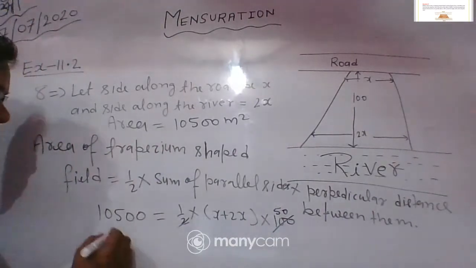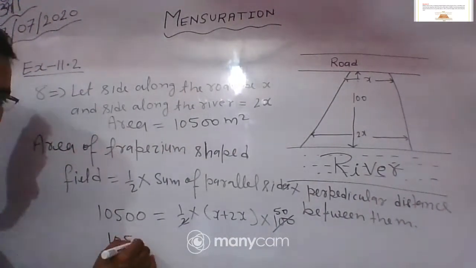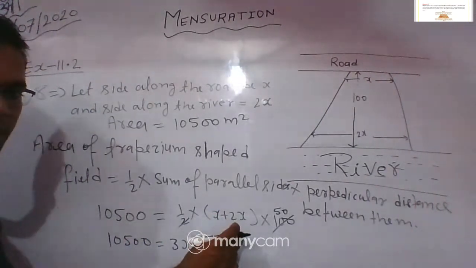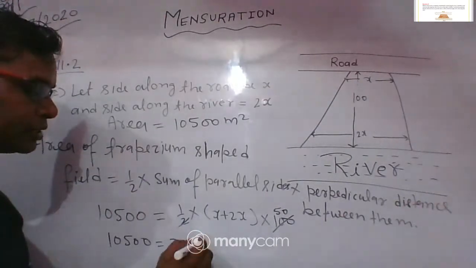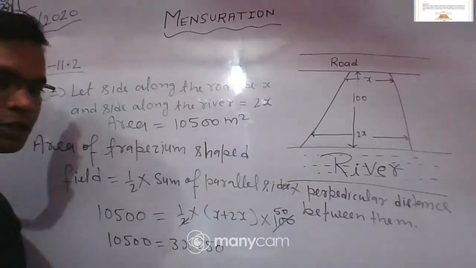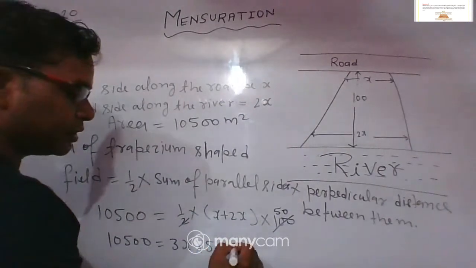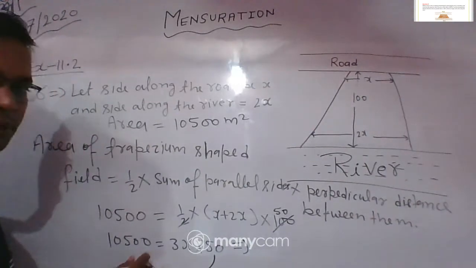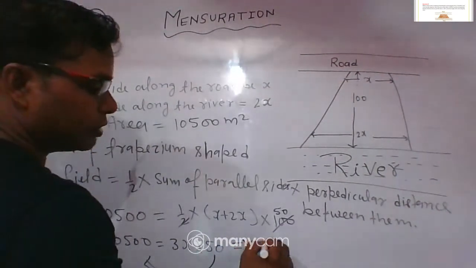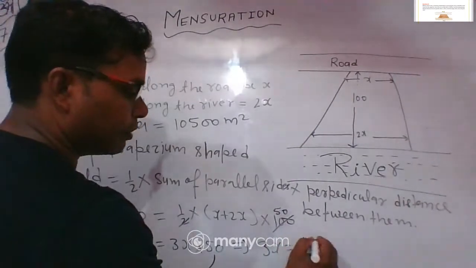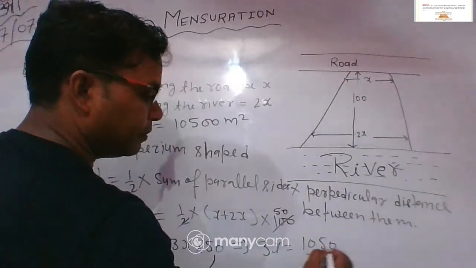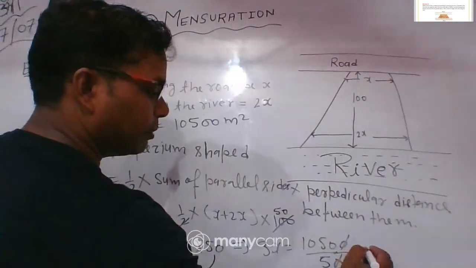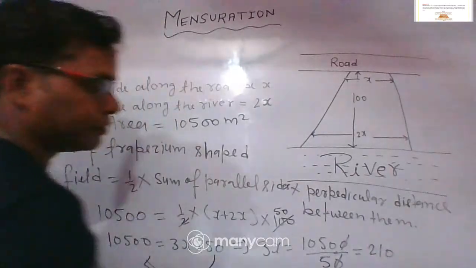Now 10,500 is equal to x plus 2x. This becomes 3x into 50. Clear? Or you can write it by transferring 50 to the left hand side. This is divided here. So 3x is equal to 10,500 by 50. Cancelling the zeros, we obtain 210.